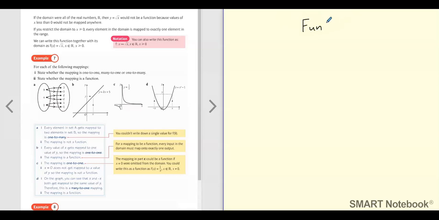Now, within functions, there's something very important. We have to think about what type of function it is. Now, there is a one-to-one function, and that basically means every x value only has one y value, and every y value only has one x value. So examples of that might be y equals 3x.